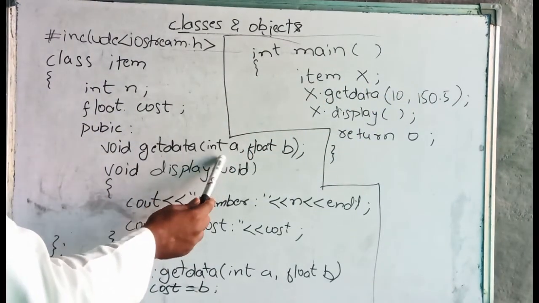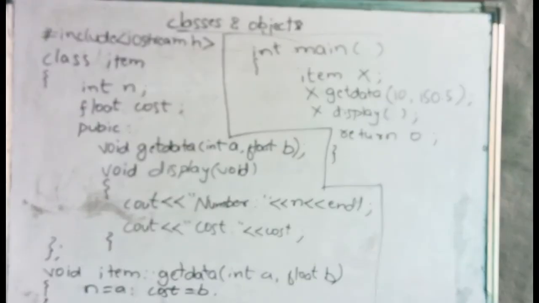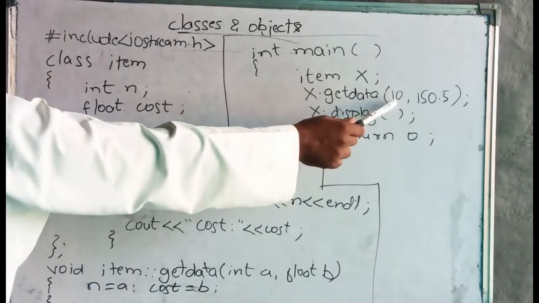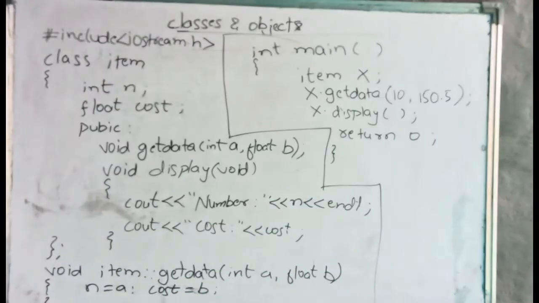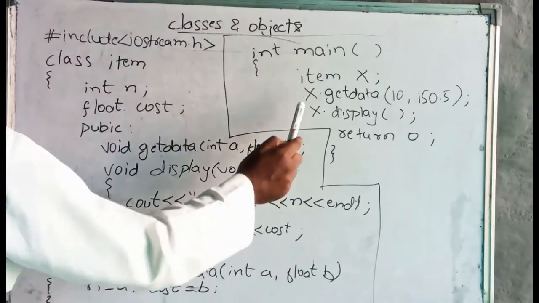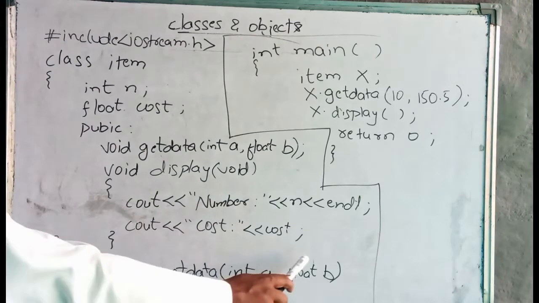The same types should be passed here. It should not change. If you give a floating point in the place of an integer, it will show some error. Now the call comes to this function and it executes.